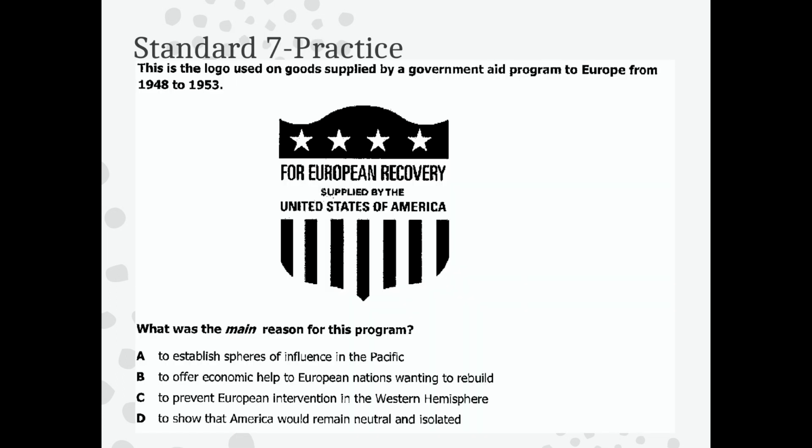Okay, these are some practice questions. You might want to look at these questions. I'm just going to give you a second to look at each one. And this shows you the European recovery. It was probably the Marshall Plan. But you can look at it, read it, and then answer the question in your mind there. This is the first question.